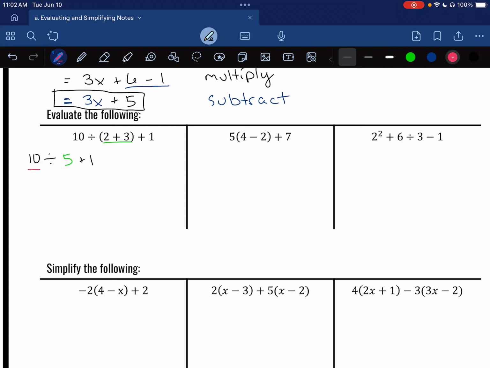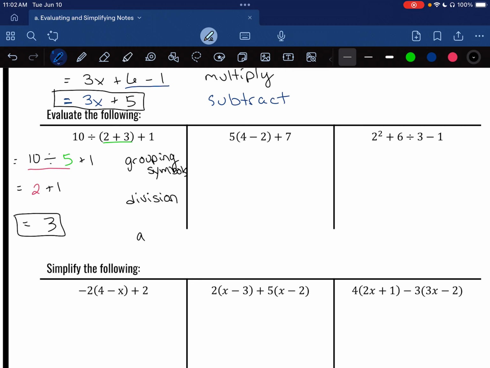So we'll have 10 divided by 5, which is 2, plus 1. Now we'll need to add those together, and we'll get 3. All right, so again, revisiting what we did, we took care of the grouping symbols. Then we took care of the division. And then we added.